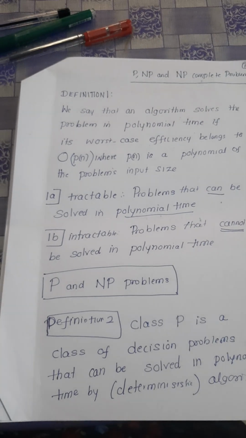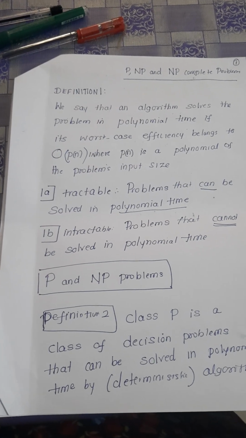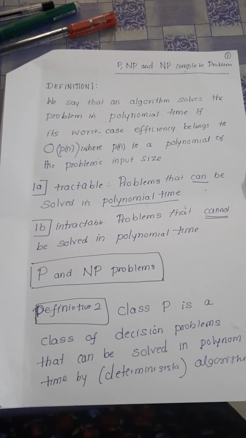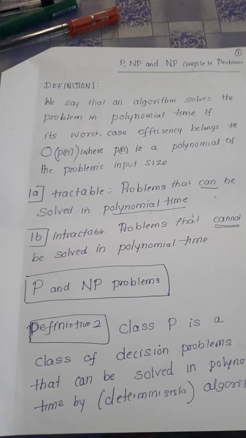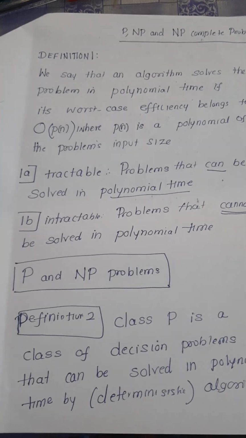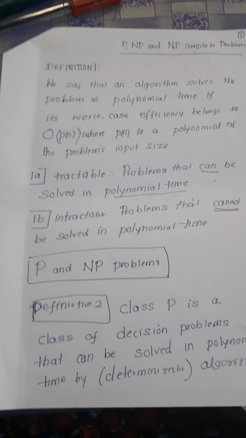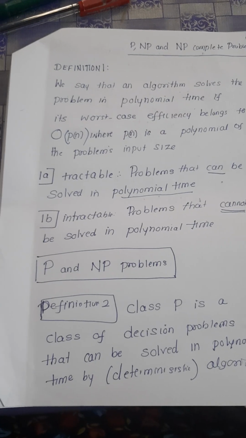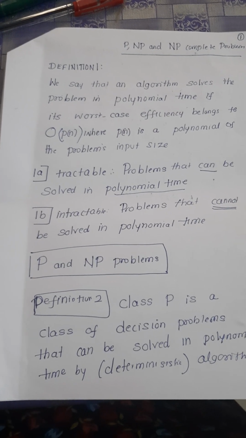Polynomial time means the worst case efficiency is in the order of a polynomial of the problem's input size. Tractable means problems which can be solved in polynomial time, and intractable means problems that cannot be solved in polynomial time.